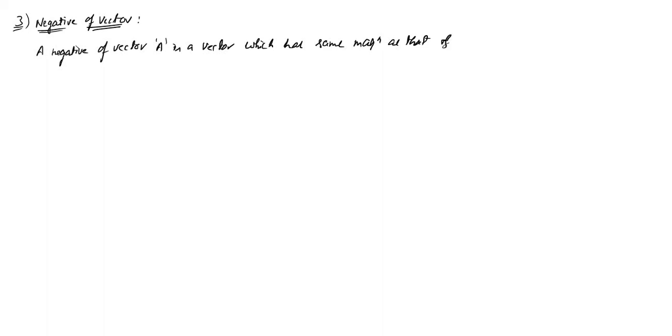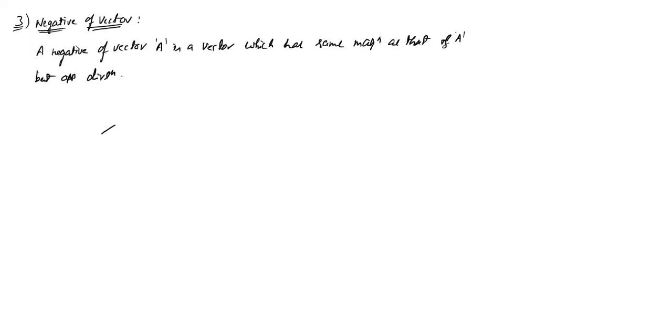Okay. Now the third important definition of vector is the negative of a vector. The negative of a vector is defined as a vector which has the same magnitude but opposite direction. The negative of vector A is a vector which has the same magnitude as that of A but opposite direction.